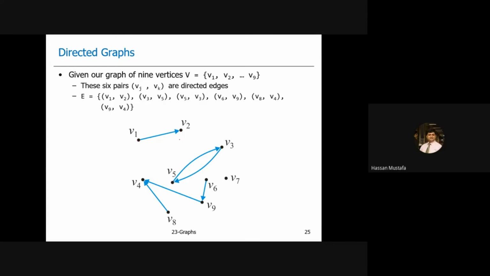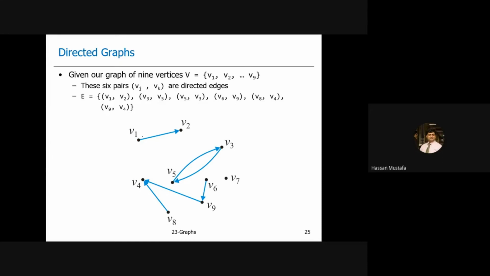There are several applications where the relationship between two entities is directed. For example, maybe V1 is the supervisor and V2 is an employee. So V1 is the supervisor of V2, but V2 is not the supervisor of V1.